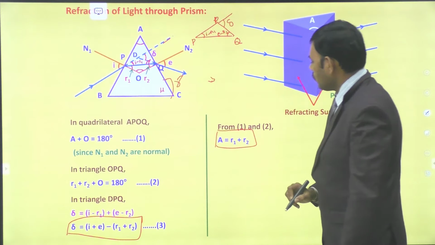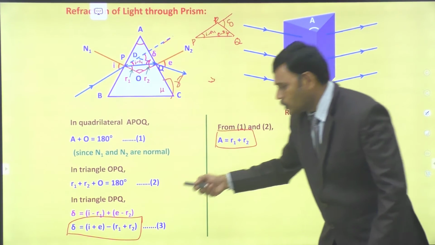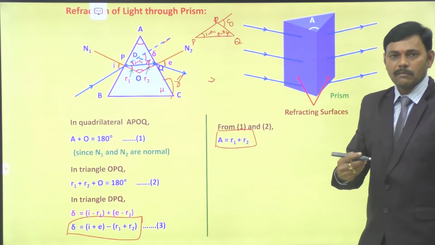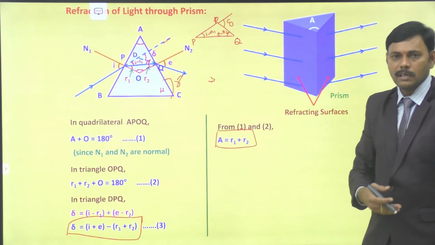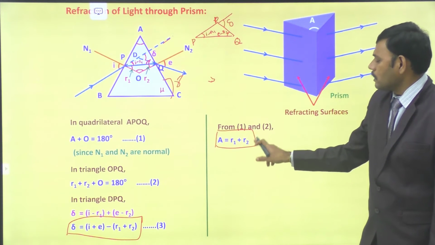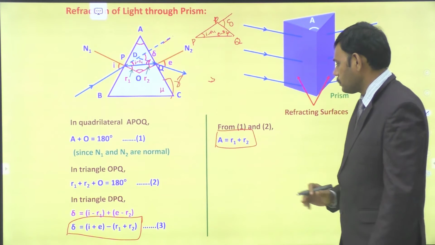This is also a very important equation. The equations which I am highlighting during the derivation are frequently used equations while solving the problems belonging to the prism. So angle of prism is sum of refracting angles R1 plus R2. Most important conclusion.